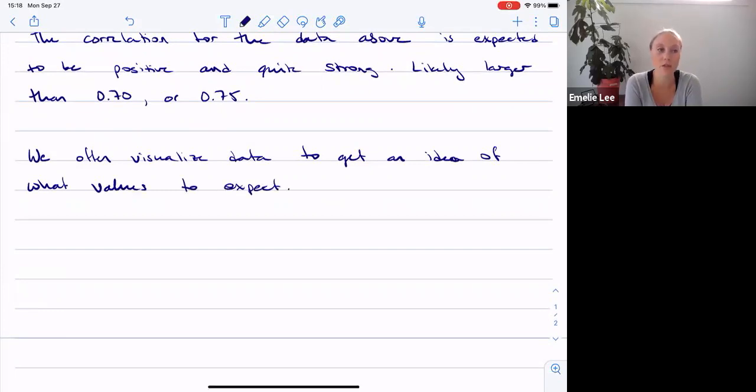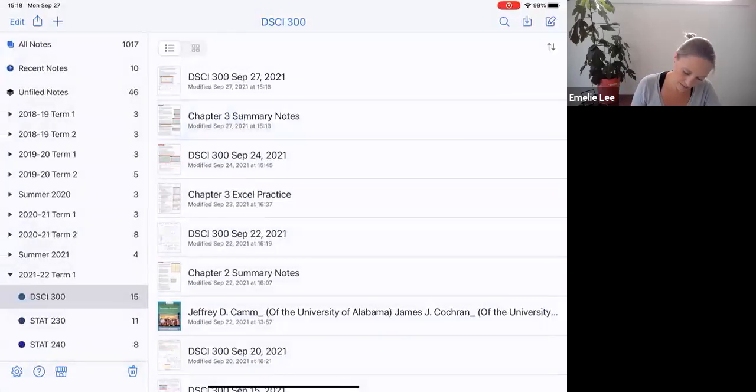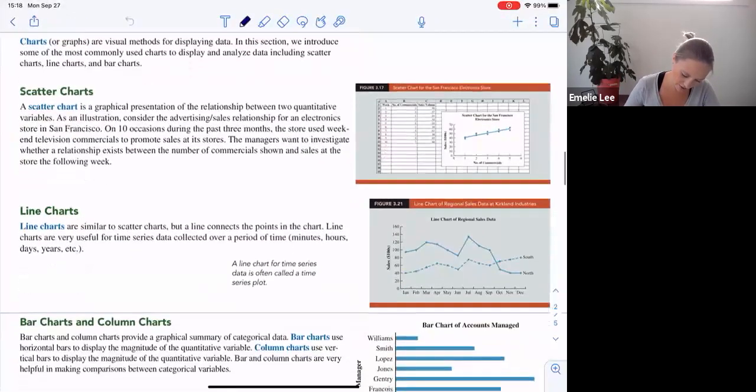We saw that with the histogram too, where we said, okay, I'm going to look at the shape, I'm going to look at the center, I'm going to look at the spread, and that gives me an idea of what's going on. And it gives me an idea of what to expect when I calculate the mean and when I calculate the standard deviation, although the standard deviation is kind of hard to put your finger on, but the mean for sure. And so that's a basic scatter plot.